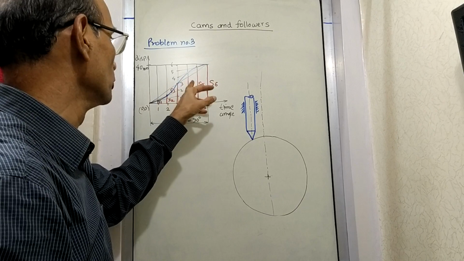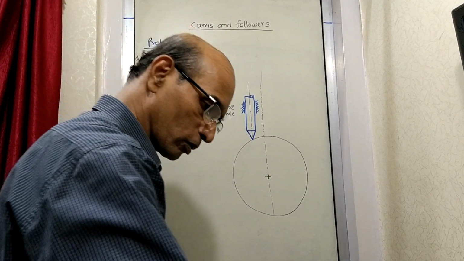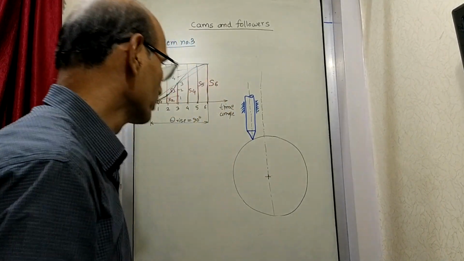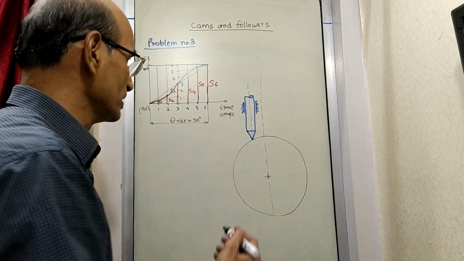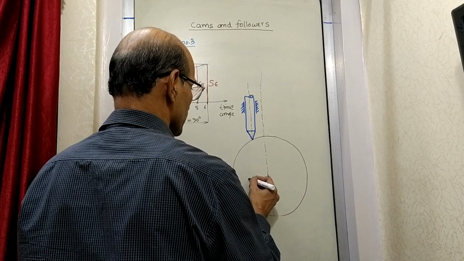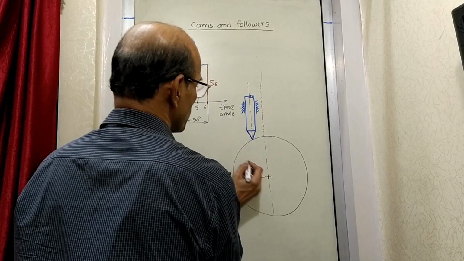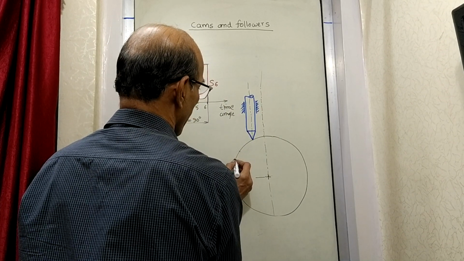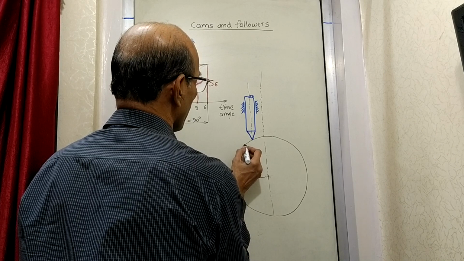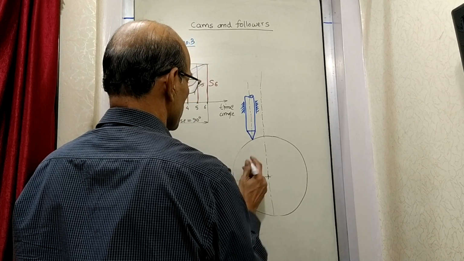Now these displacements S1, S2 we are going to take on the corresponding lines. So theta rise is 90 degrees. So here there is a 90 degrees position which we divide into the same number of parts, so 6 parts. Now here there is some difference.